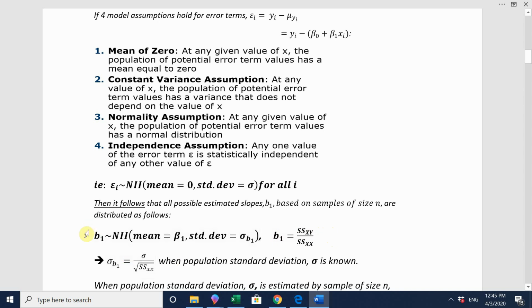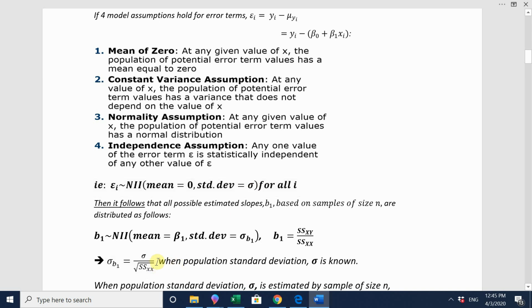And so we say that the slopes are normally and identically and independently distributed with mean value beta 1, that is the population value, and the standard deviation is sigma of B1. Okay, so sigma here comes from my standard deviation for the error terms. When I have all the error terms available, I am able to get my standard deviation for the population.